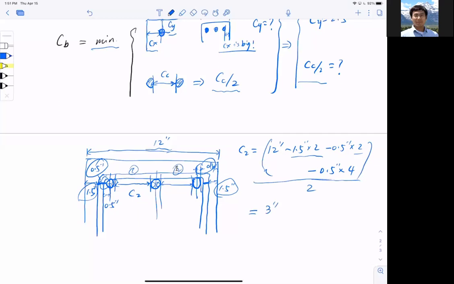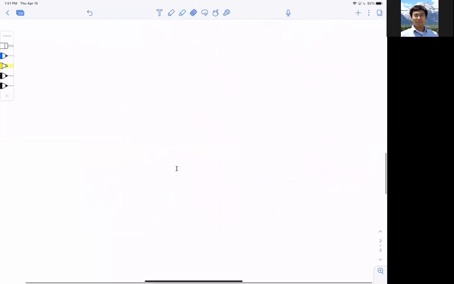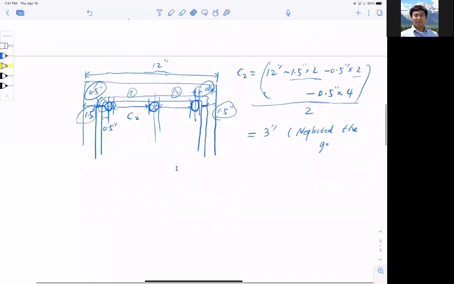Now be careful. I was very careful. I said it is about 3 inches. Why is that? Because I neglected, and I won't admit, I neglected the gap. If you remember, we talked about this in the bar detail section.